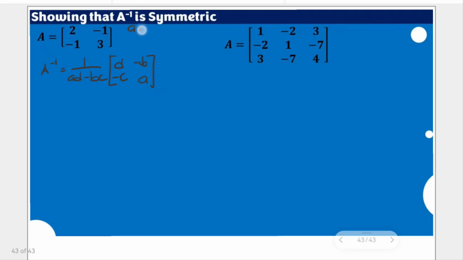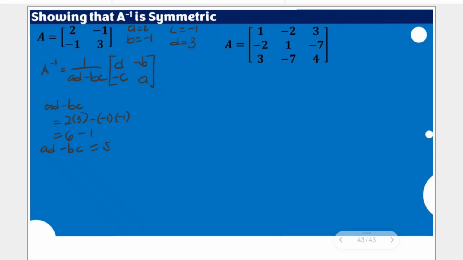So our A is 2, B is -1, C is -1, and D is 3. We can solve first for the determinant: 2 times 3 minus -1 times -1. We'll have 6 minus 1, so our AD minus BC is positive 5.